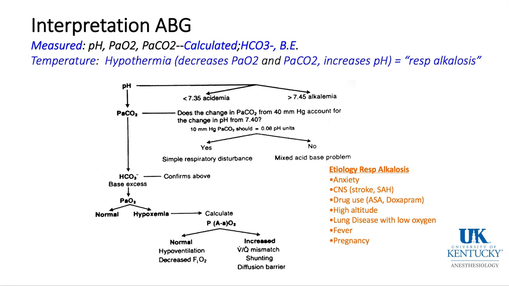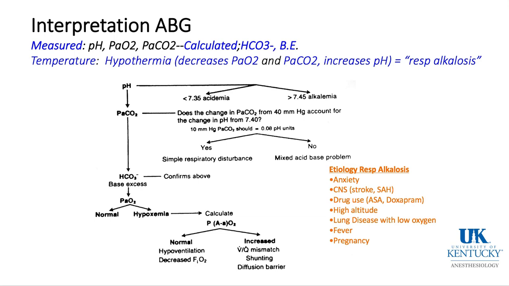A simplified way to interpret arterial blood gas is to look first at the pH and say, is it acidemic, less than 7.35, or alkalemic, greater than 7.45? Then look at the PaCO2 and ask the question: does the change in PaCO2 from 40 account for the change in pH from the normal 7.4? If it's a pure respiratory problem, a 10 millimeter change in PaCO2 should change the pH approximately 0.08 units.